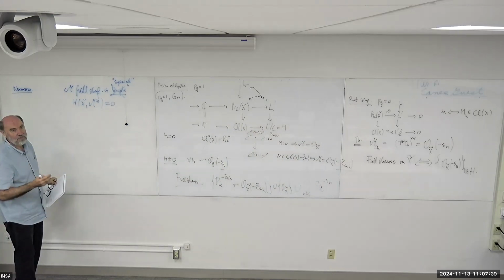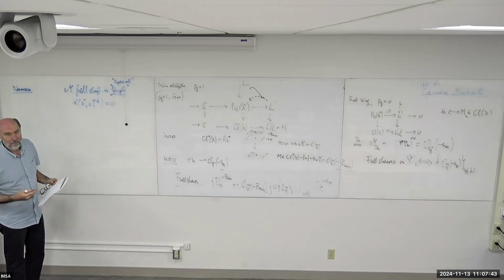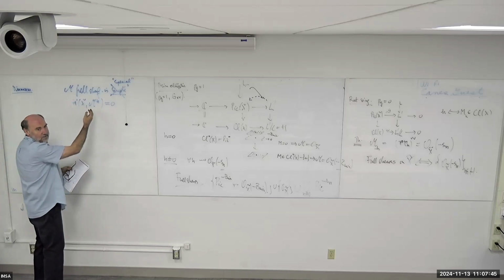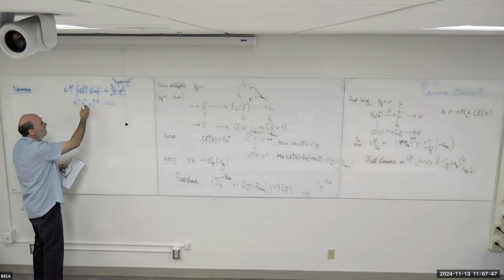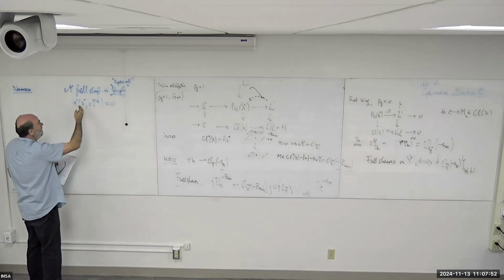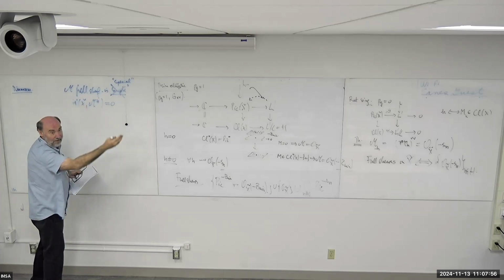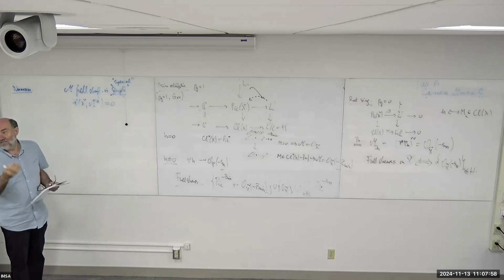That means H0 is big, H1 is small. But here it's exactly the opposite: H1 of the dual is small, so then H1 of M should be big. But the other one tells me exactly the opposite.